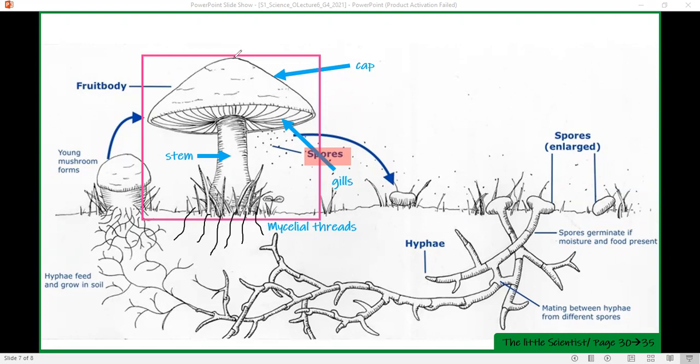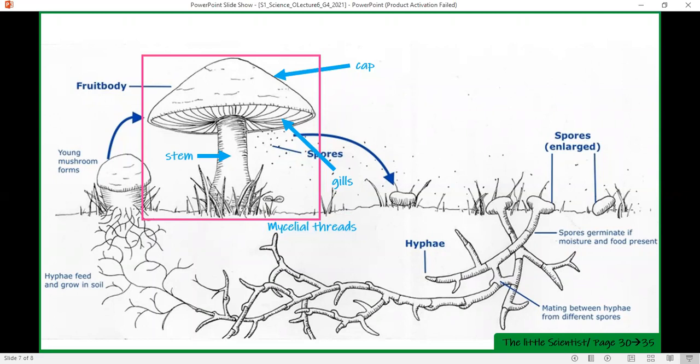What are the different parts of a mushroom? The cap, the gills, the stipe or stem, and the mycelial threads. In order to reproduce, the mushroom releases spores.